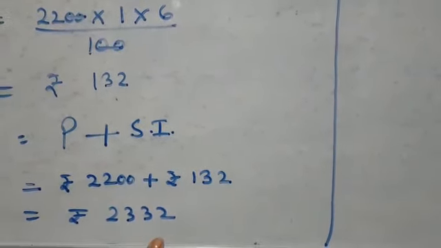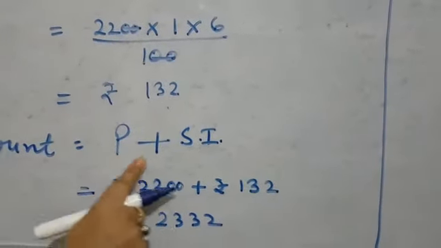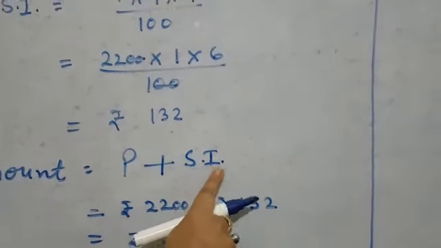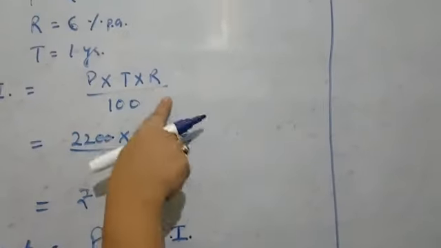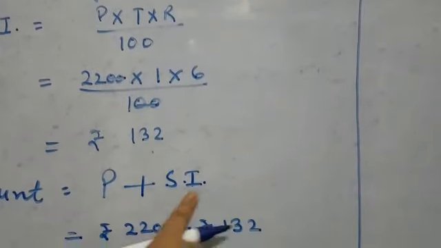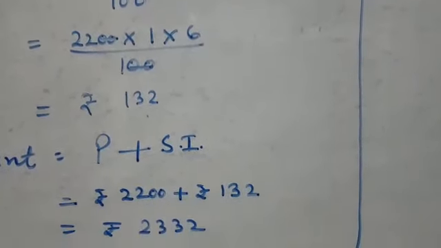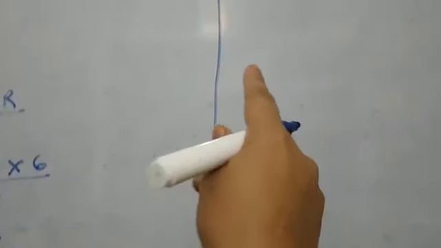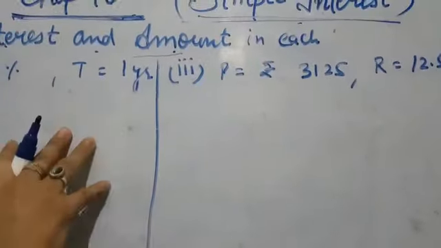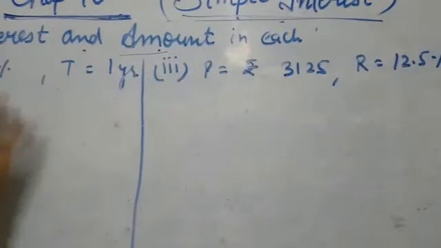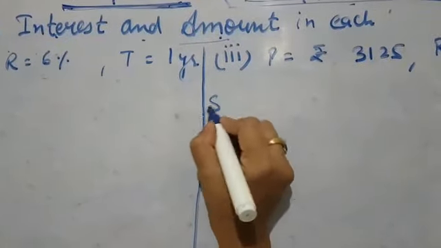You have to pay 2332 as the amount. So the formula for finding the amount is P plus SI. First you will find SI by using this formula, then you will use principal plus SI for finding the amount. Okay, so now come to the third part of this sum. The second part is the same: 1 year and the simple interest is given to you, you can do the same.